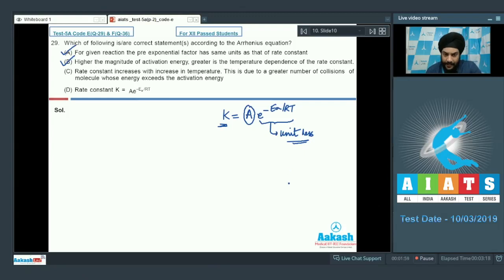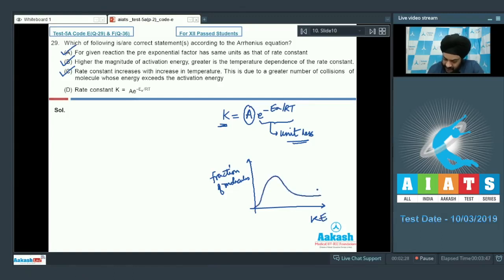Statement C: rate constant increases with increase in temperature. This is due to a greater number of collisions of molecules whose energy exceeds the activation energy. This is also correct, students. If we draw the plot of fraction of molecules versus kinetic energy, we have a Maxwell-Boltzmann nature.